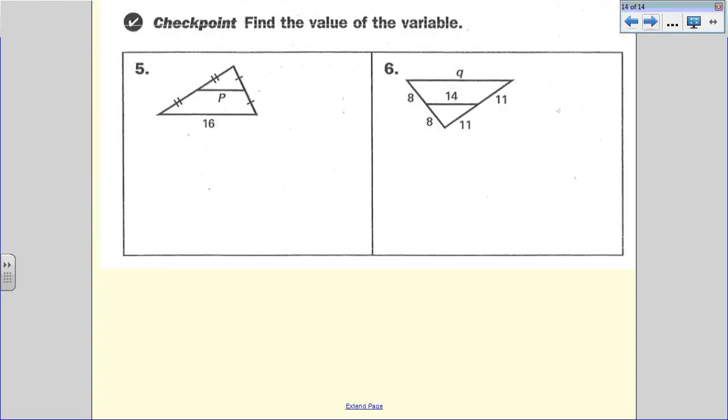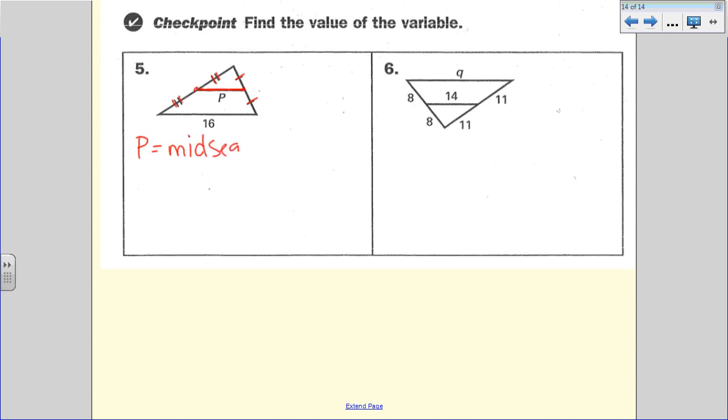All right, so we have 2 checkpoints. We'll do number 5 together. You're looking for congruent sides, so we know we have congruency here, and we have congruency on the other side, the intersection. So we know P is a mid-segment. All right?